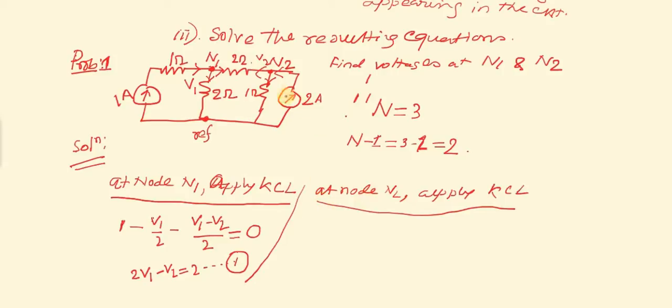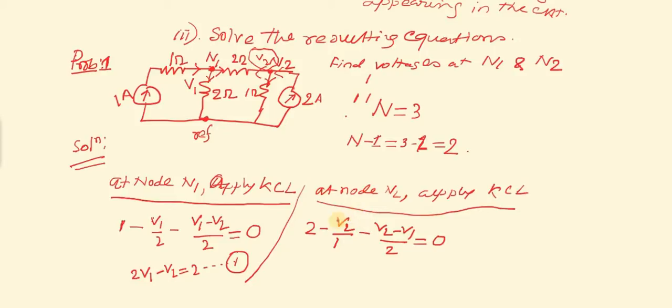Here also just mark the current entering and these two are leaving. So at node 2, we consider the voltage at node 2 is V2. So current 2, which is entering node 2, minus these two leaving: V2 by 1, minus the difference of these voltages, V2 minus V1 by 2.